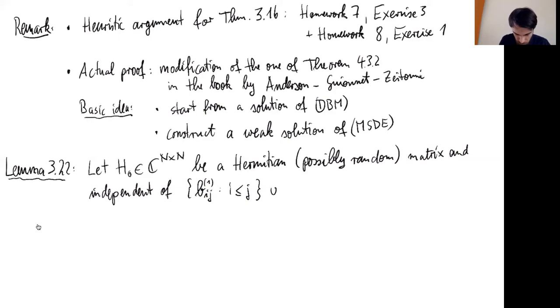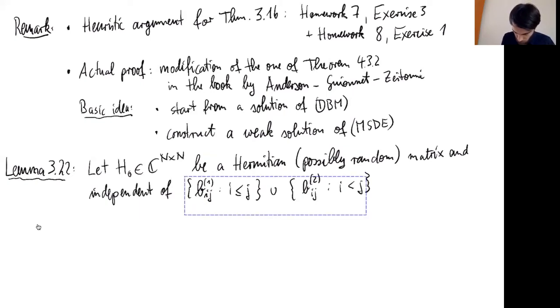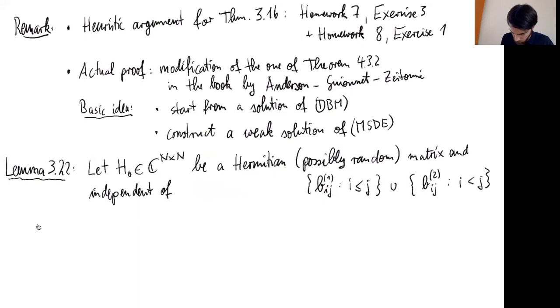Maybe I should write this a bit differently to distinguish the two cases, independent of... so there are two cases. When beta is 1, then I have only one set of Brownian motions, or beta is 2.